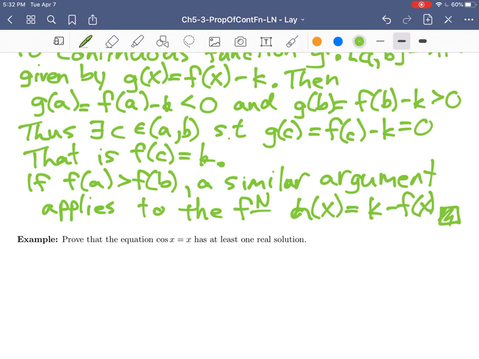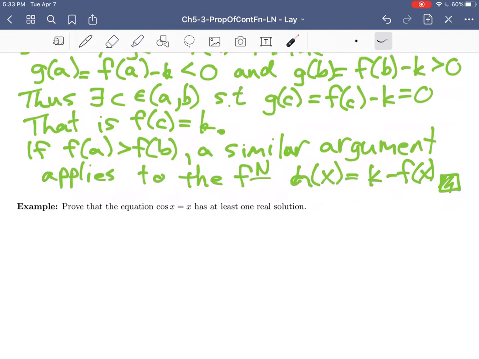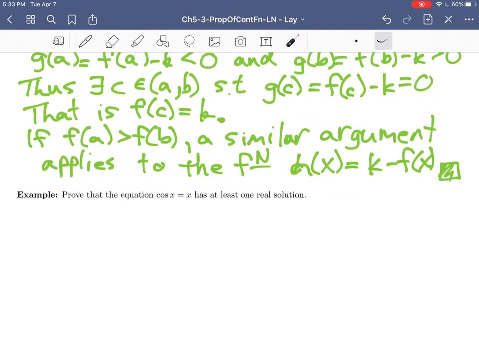So can we use something like the intermediate value theorem to prove that an equation has at least one real solution? That's what we're going to do. We want to prove that cosine x equals x has at least one real solution. There's some choice of x that will give us equality between those two sides.